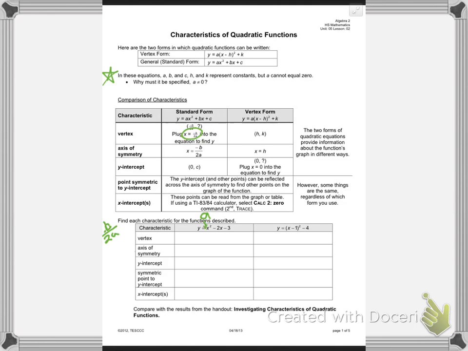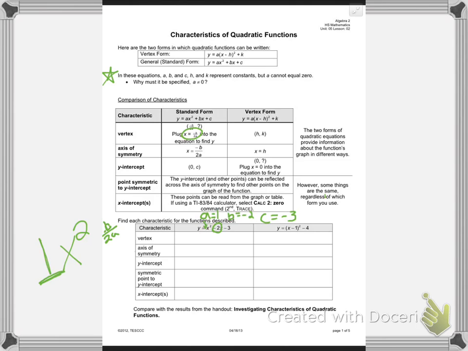which is 1. Okay. If you don't understand why, that's okay. Yet b, which is negative 2, and c, which is negative 3. Okay. So starting off, I know my a is 1 because when I write x squared, just by itself, what number is in front of the x squared?